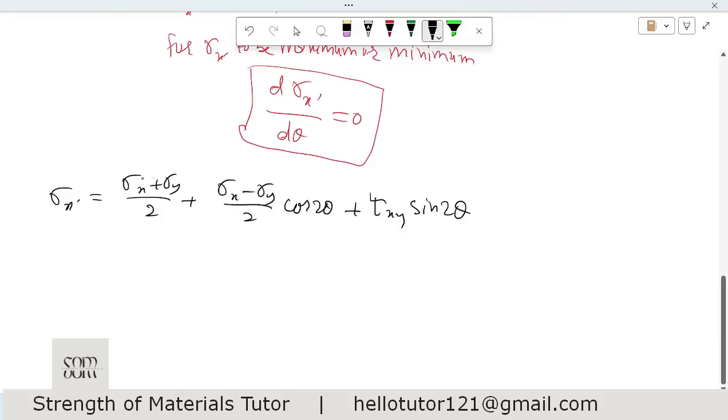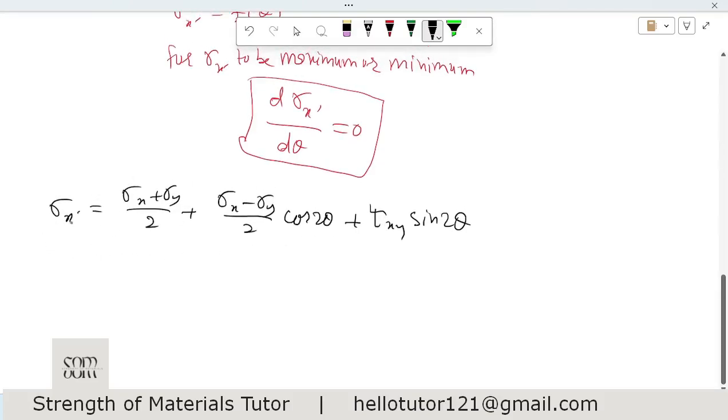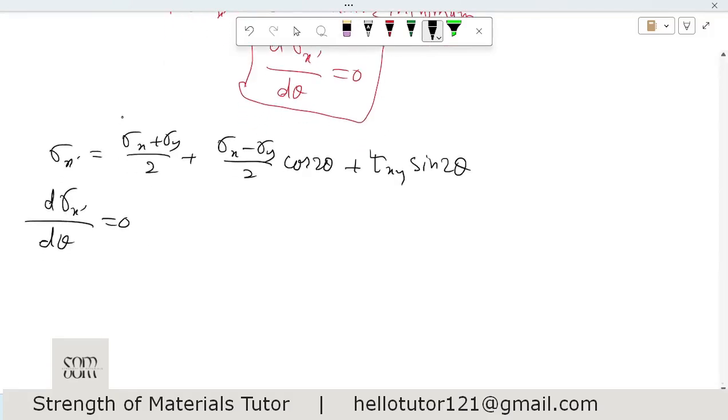But remember, all of them we kept as constant. The stresses sigma x, sigma y and tau xy are constant. So for sigma x prime to be maximum at some theta, d sigma x prime by d theta has to be 0. So the differentiation of all of this has to be 0.